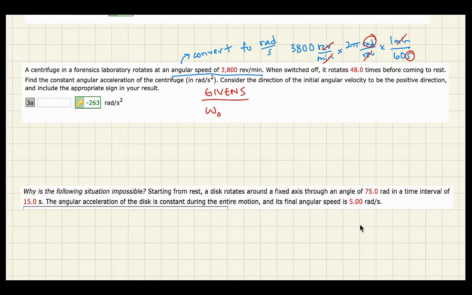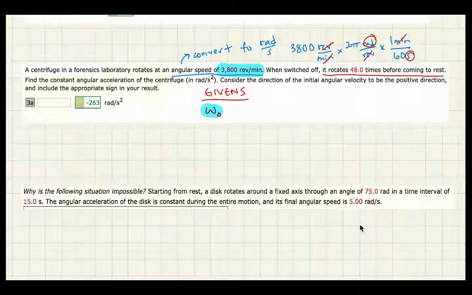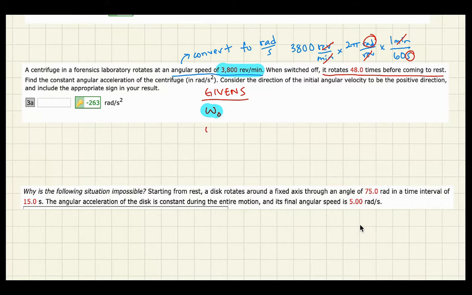This is my omega naught. It also gives me this number of rotations before coming to rest, so coming to rest would suggest that the final angular velocity is 0. That's also given, so we'll highlight that in a different color.